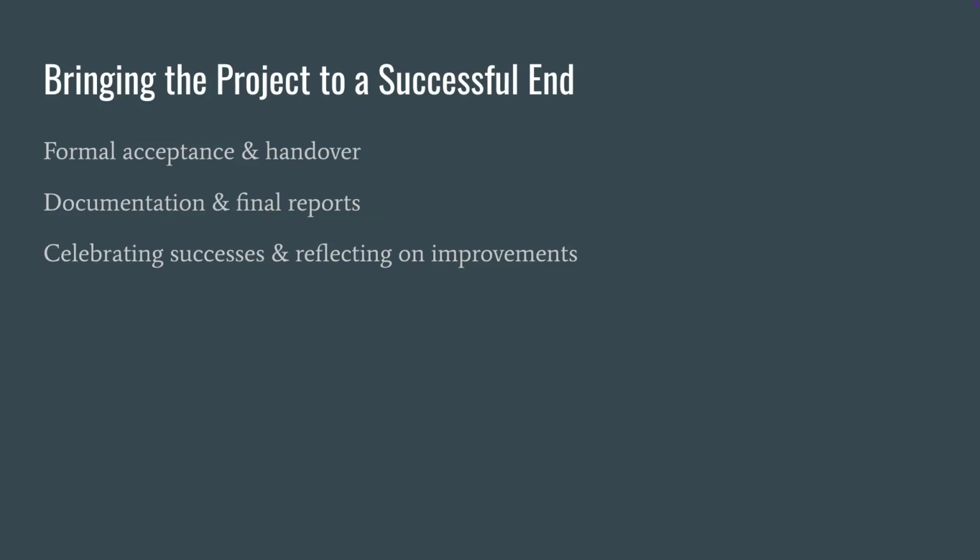First, formal acceptance and handover. In this step, you will obtain the customer's or stakeholders' sign-off to confirm that the project meets the agreed scope and quality. Handover typically involves transferring knowledge, documentation, and possibly training to the operations team who will use or maintain the deliverable.